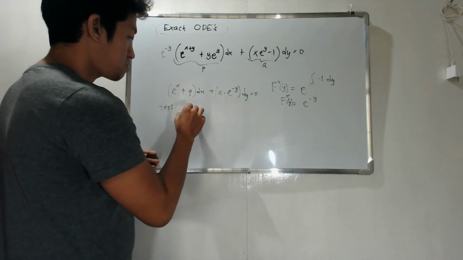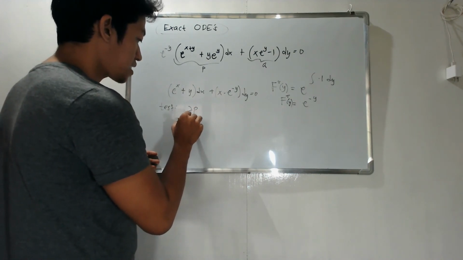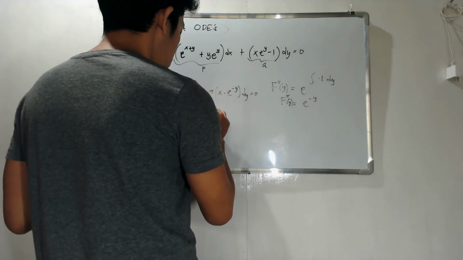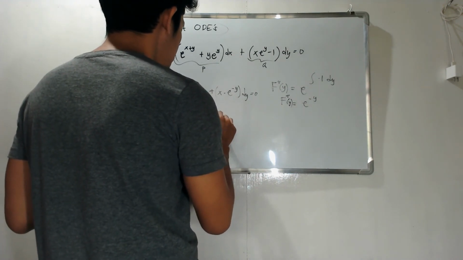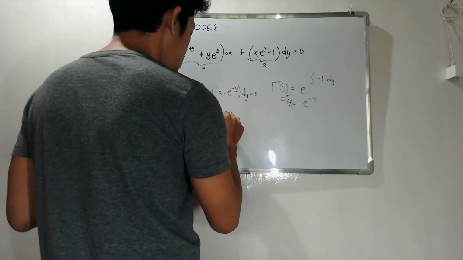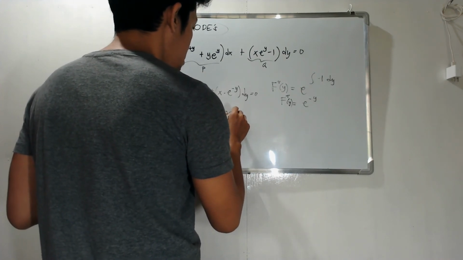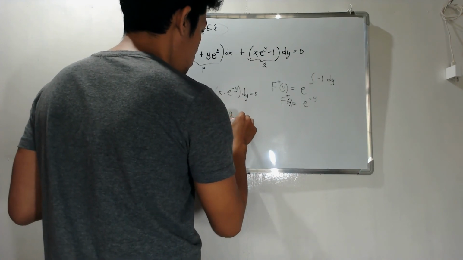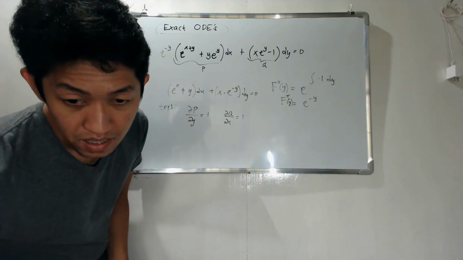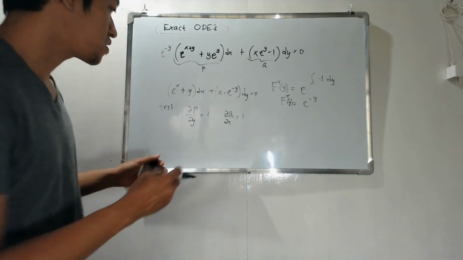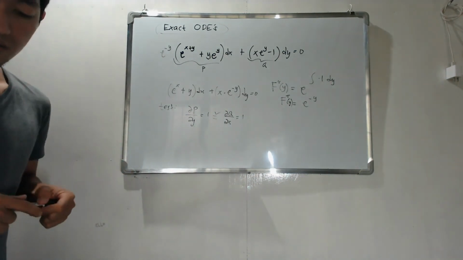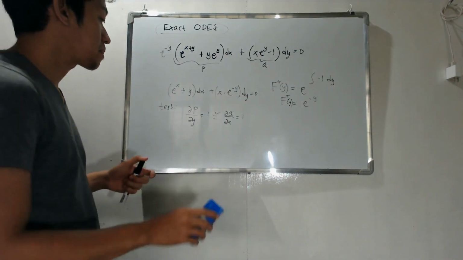Partial of P with respect to y is equal to 1, and partial of Q with respect to x is just equal to 1. Okay? Therefore, they are equal. This is now an exact ordinary differential equation.